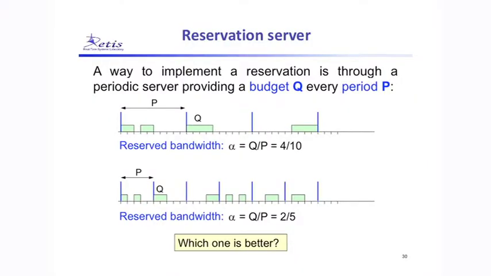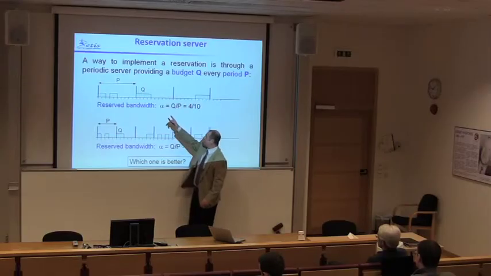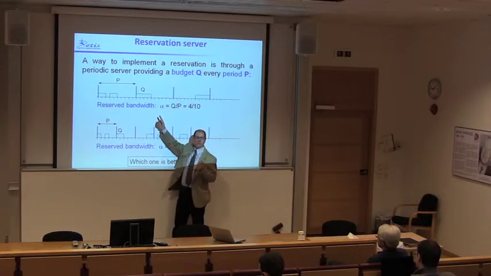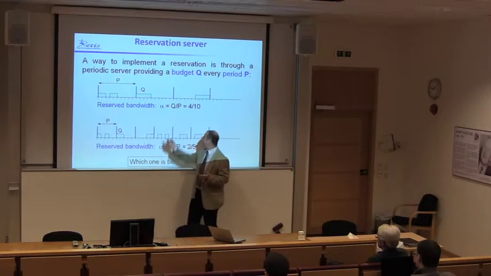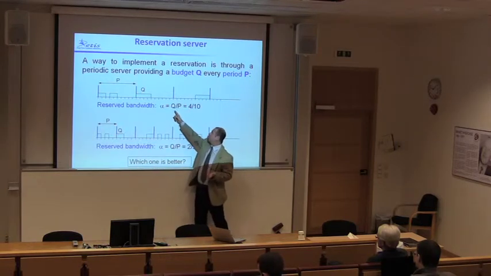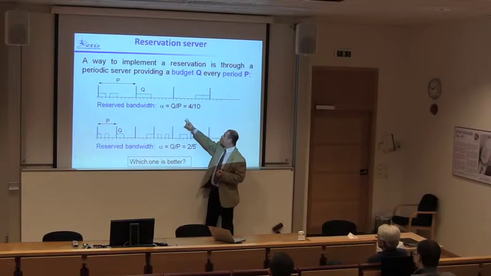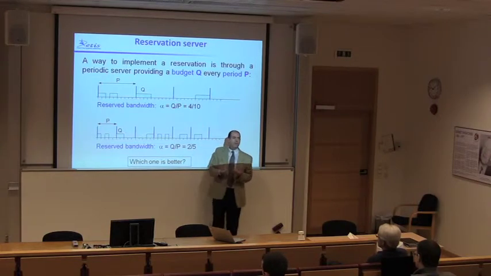So an example of server, a server is a way of providing service, right? In this case, of providing execution time, processing time. So for example, typically a server is characterized by 2 parameters. So I provide a computation time Q every period P. So my fraction is, for example, if Q is equal to 4 and P is equal to 10, my fraction is 0.4.